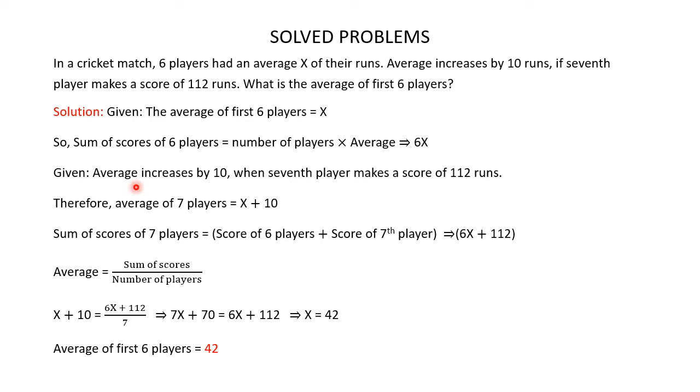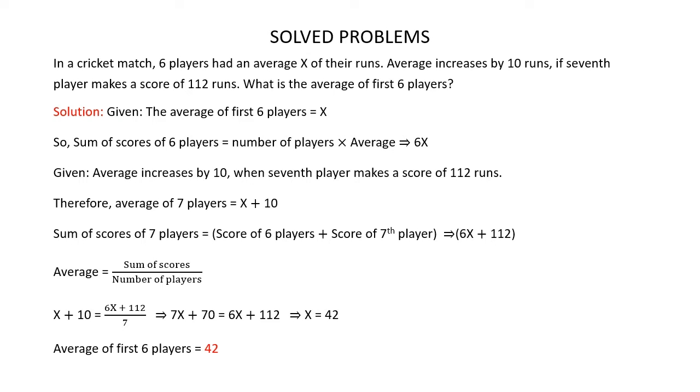It's given that the average increases by 10 when the seventh player makes a score of 112 runs. Now we know that the average of the first 6 players is X. So the average of 7 players is X plus 10. Now clearly the sum of scores of 7 players is equal to score of 6 players plus the score of the seventh player.